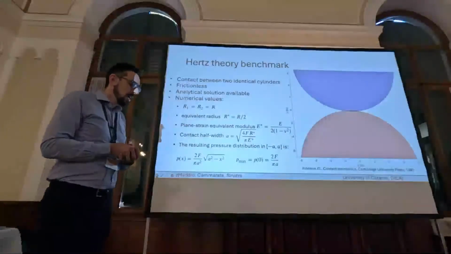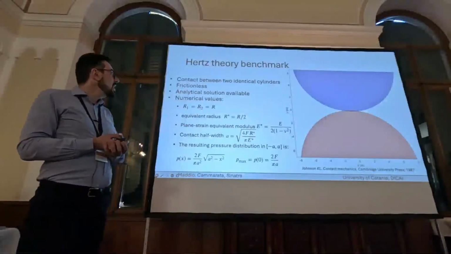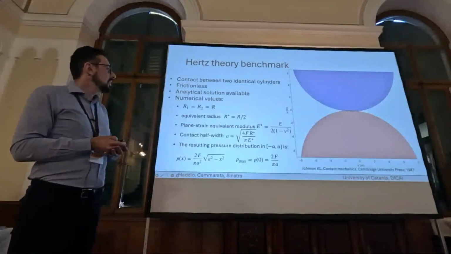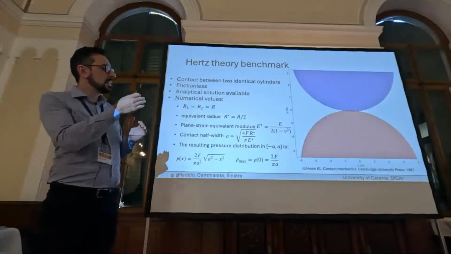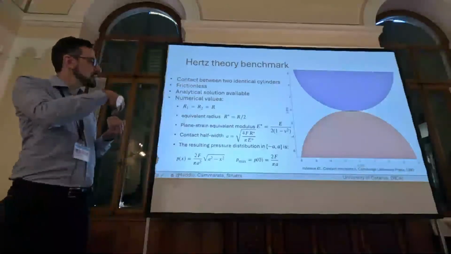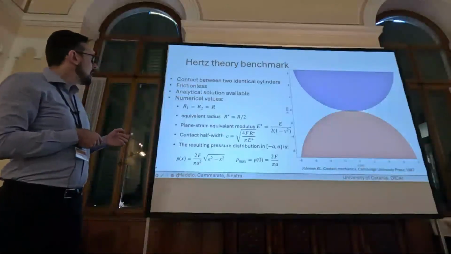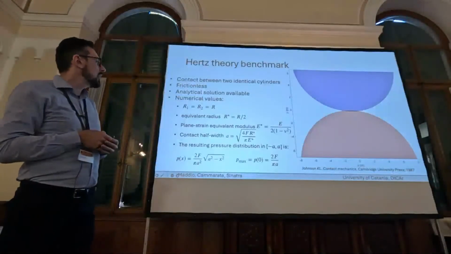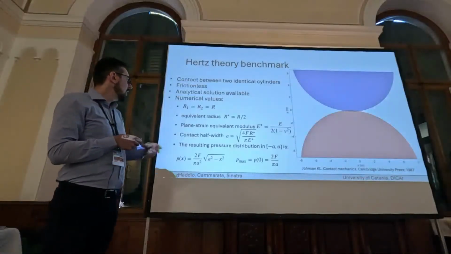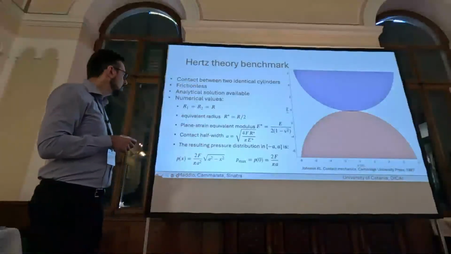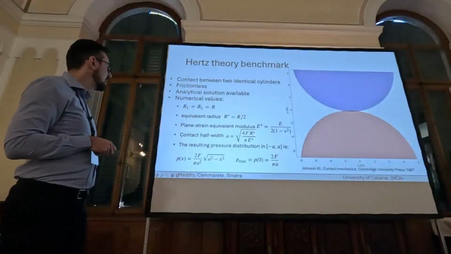So we verified the method against the Hertz theory benchmark. So we replicated exactly the configuration of two cylinders in contact. In this case, we have two equivalent radii equal to 8 meters. And here is the equation for the plane strain equivalent modulus.